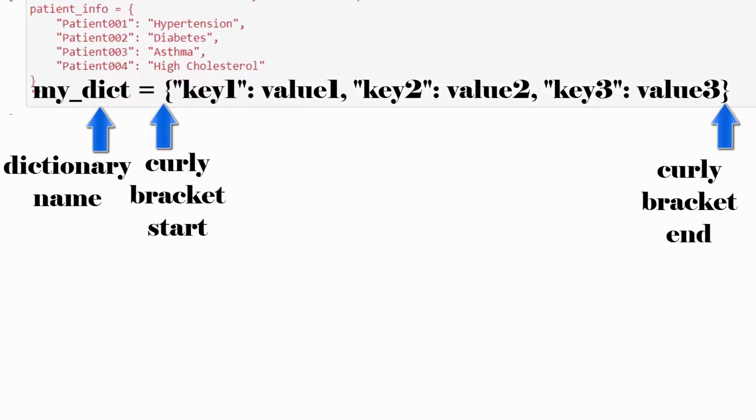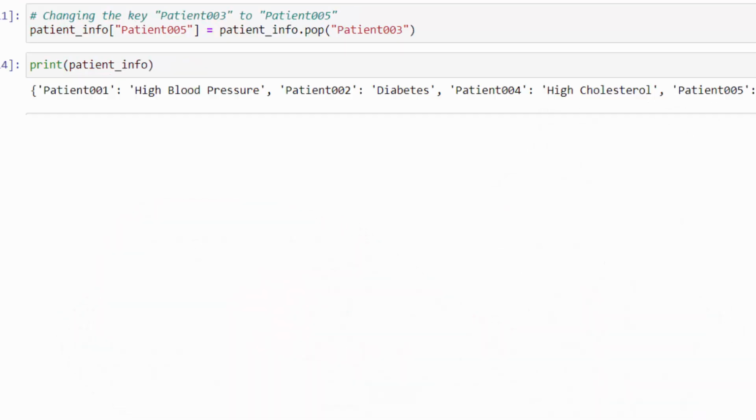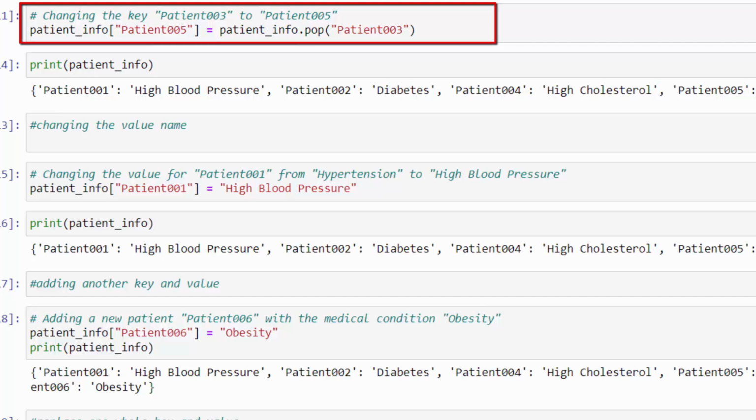So let's move back to our dictionary. We set an example before. So here we have different key value pairs for patients and their conditions. Let us do something with this original value. Let us change the key name in the dictionary. Suppose we want to change the key patient003 to patient005. We can do that with the following command.